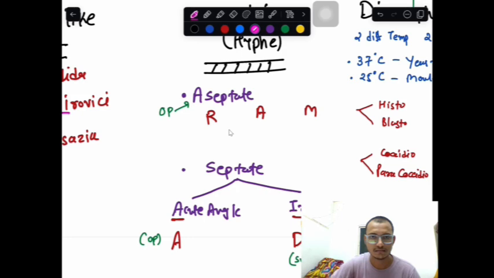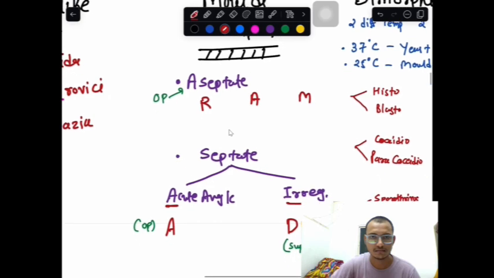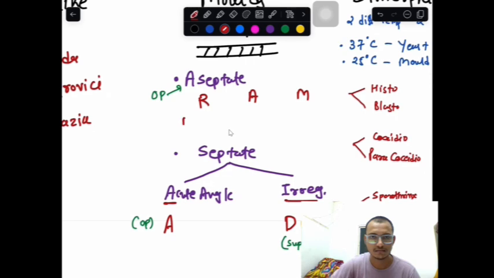In the aseptate type, there are three types: Rhizopus, Absidia, and Mucor. All together we call it mucormycosis. RAM: Rhizopus, Absidia, and Mucor.